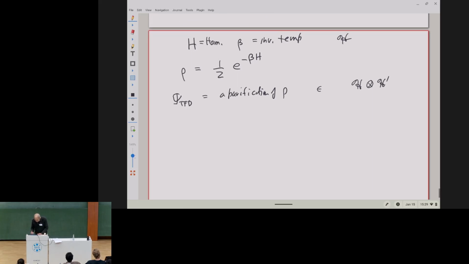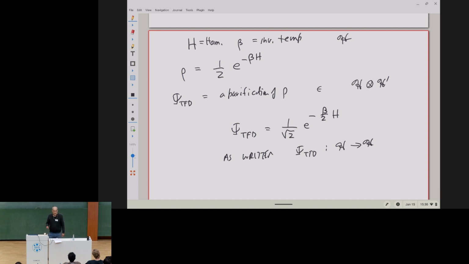And the state, psi TFD, is 1 over the square root of Z times e to the minus beta over 2 H. As written, psi TFD is an operator from H to H. But by duality, an operator from H to H is the same as a vector in H tensor H prime, where if this was an abstract vector space, you'd say that H prime is the dual vector space. But for Hilbert spaces, it's natural to call it the complex conjugate.